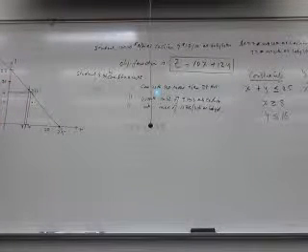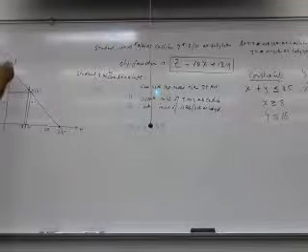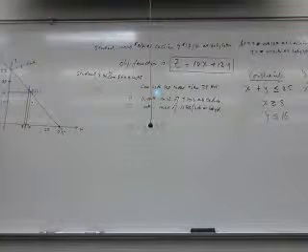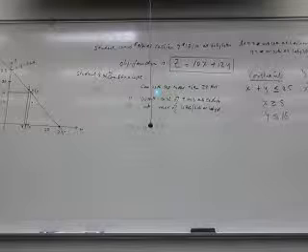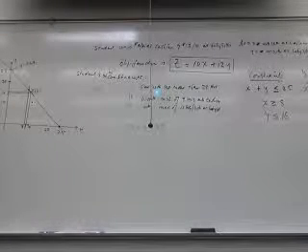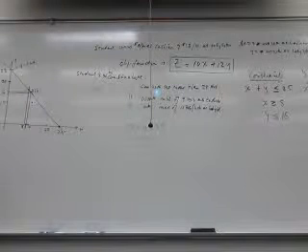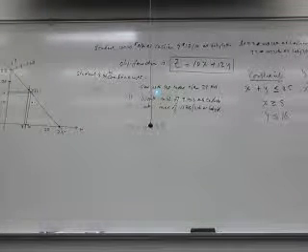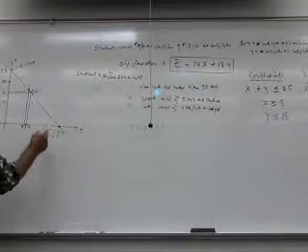Now, to find where it crosses the x-axis: at 25 it crosses the y-axis. This is the y-intercept, and then our equation is x plus y equal to 25 after we take out the inequality symbol. So we can set y equal to 0 and find the x-intercept. If y equal to 0, then x equal to 25, and it crosses the x-axis here.